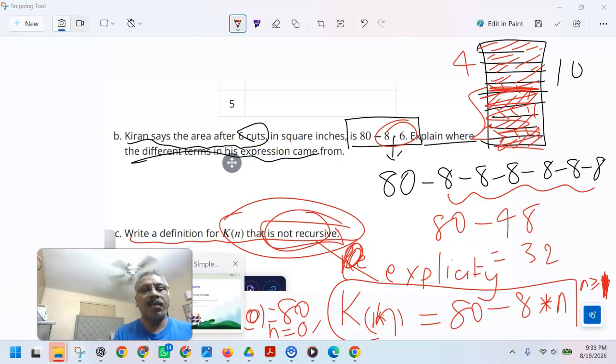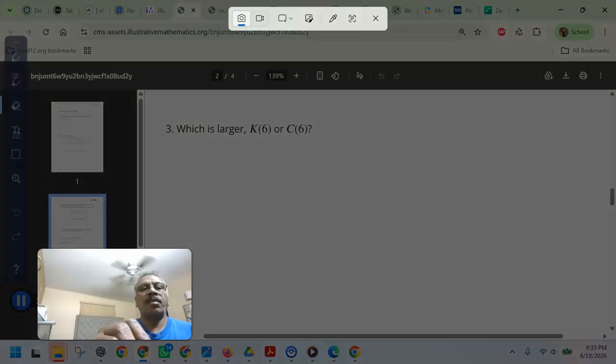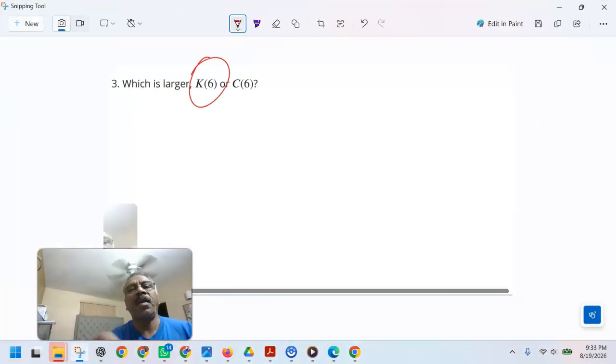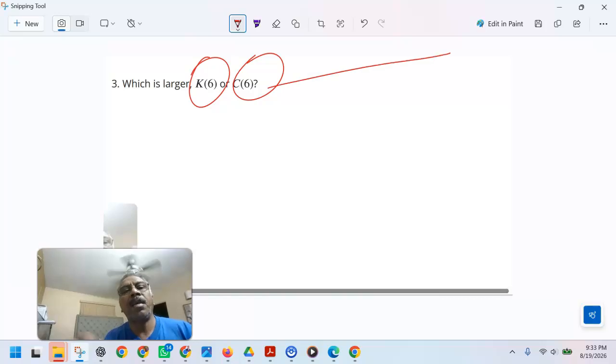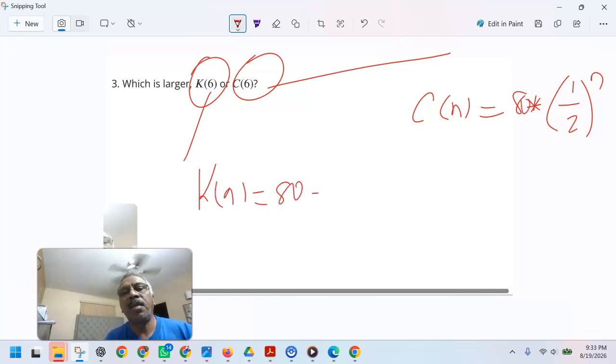Did they ask any more? Oh, which is larger? So on your calculator, you have to do. Look at the question: which is larger, K6 or this? Remember, C_n was 80, Claire's, and this is the formula she used. Kiran got K_n equals 80 minus 8 times n. So all you do is just plug in 6.